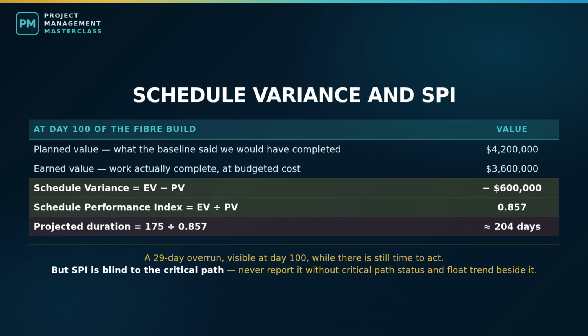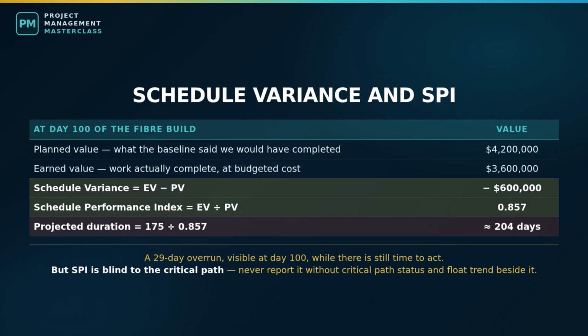If nothing changes, our 175-day project takes 175 divided by 0.857, roughly 204 days, a 29-day overrun calculated at day 100, while there is still time to do something about it. That is what these metrics are for, not reporting the past, seeing the end early.